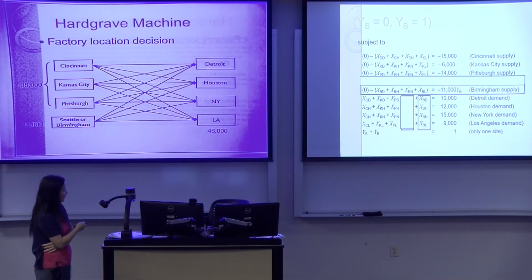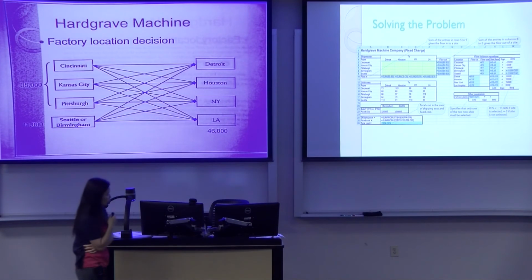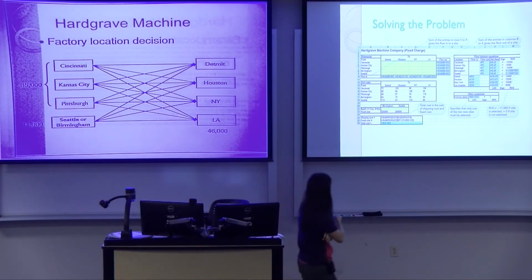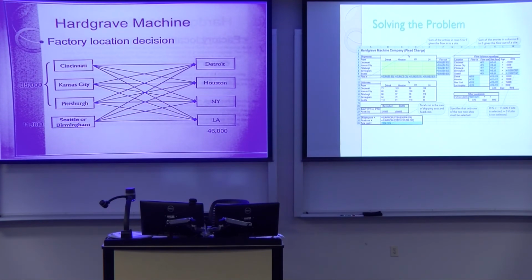So let's look at the spreadsheet. Again, we will use the table. This is from all the plants to the warehouses, and all the cells highlighted in yellow are your decision variables. Moreover, you have these two. What do we call this kind of decision variable?